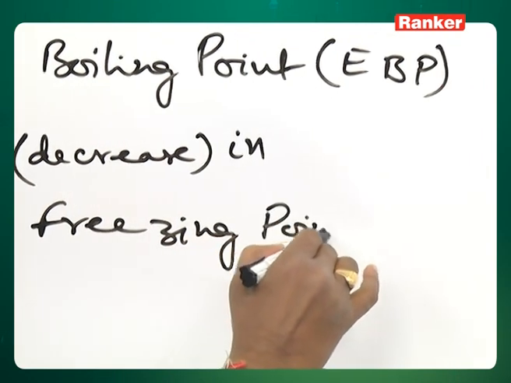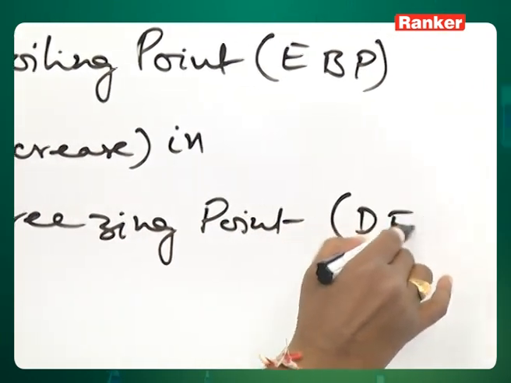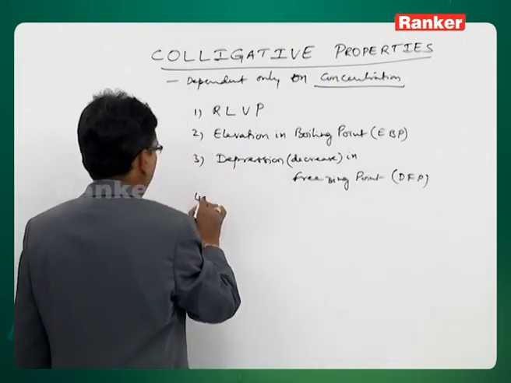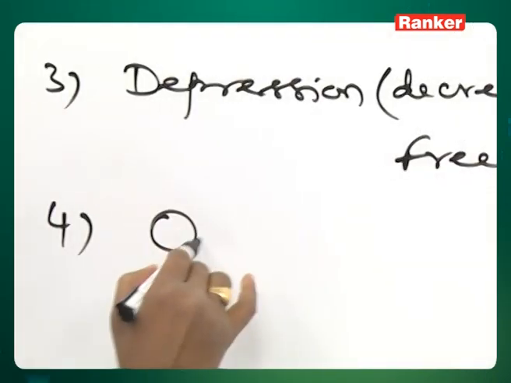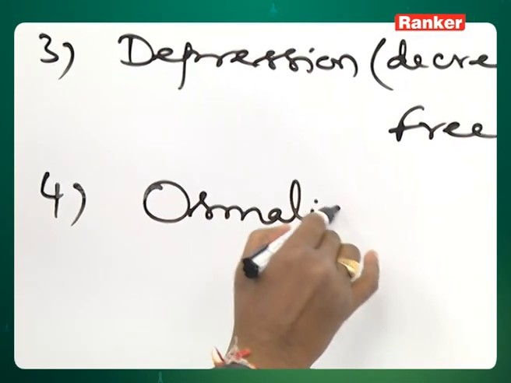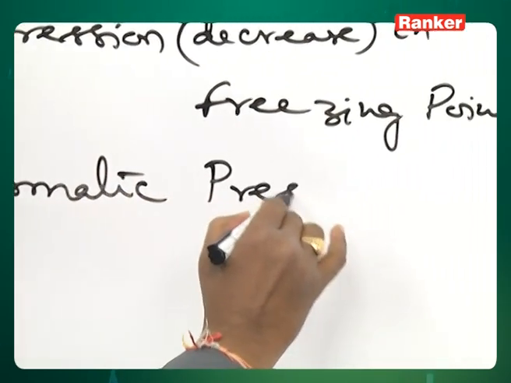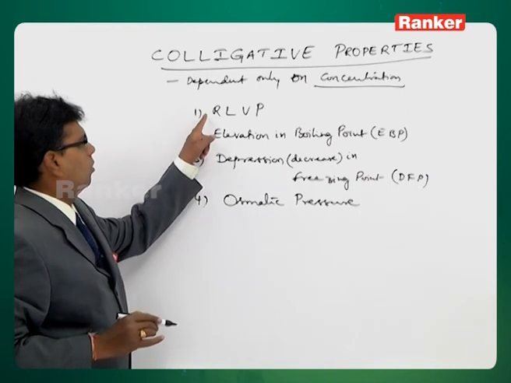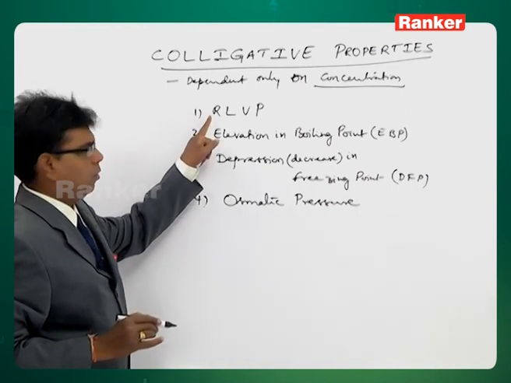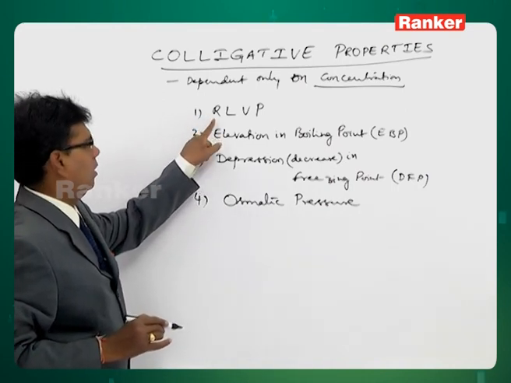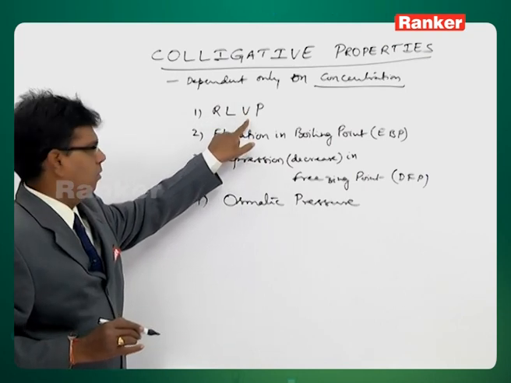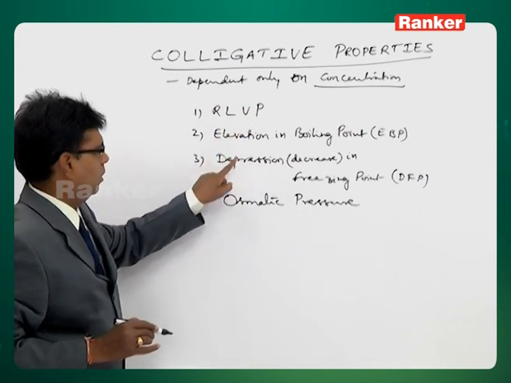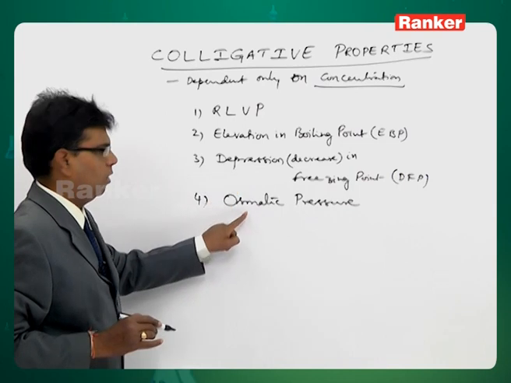Four, osmotic pressure. The colligative properties are four in number: relative lowering of vapor pressure, elevation in boiling point, depression in freezing point, and osmotic pressure.